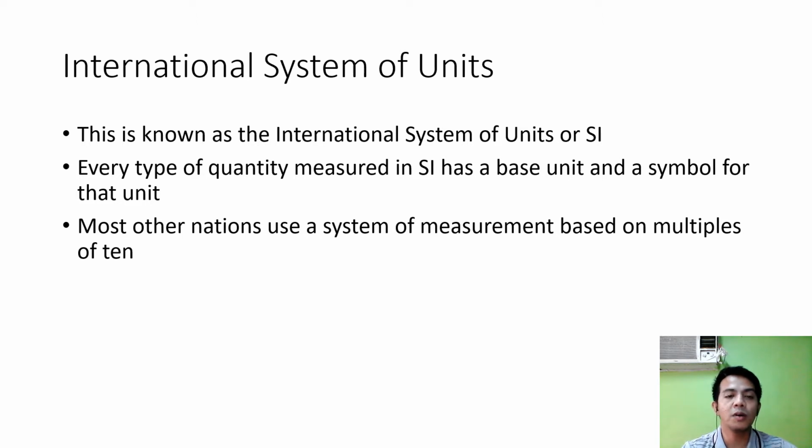Every type of quantity measured in SI has a base unit and a symbol for that unit. Most other nations use a system of measurement based on multiples of ten. Before the SI unit was formed, every country had its own unit of measurement. For example, in the Philippines, we use salop in buying rice.